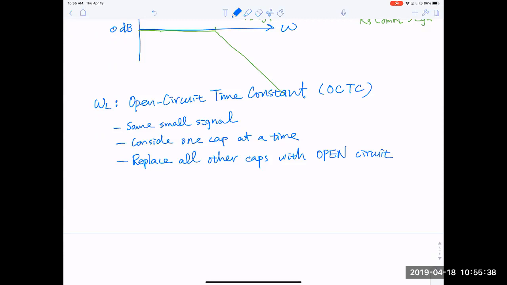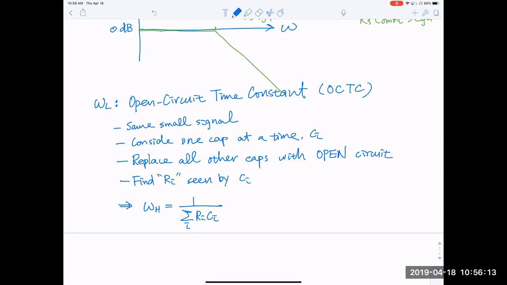Then we find the resistance Ri seen by the capacitance Ci. So assuming we're looking at Ci, the omega H is finally equal to the sum of all the RC constants, RiCi, over all the capacitances.